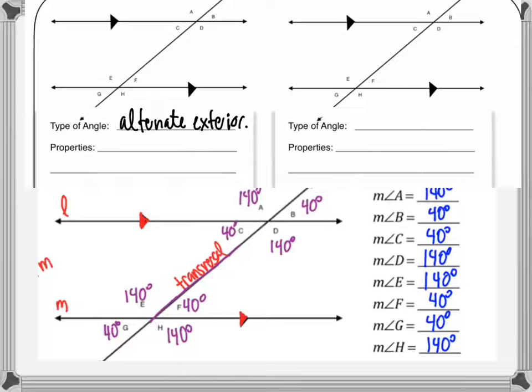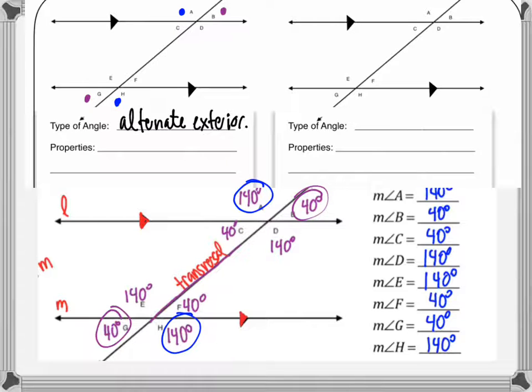So when we label these out, I'm going to get these two angles right here, and these two angles right here are alternate exteriors.